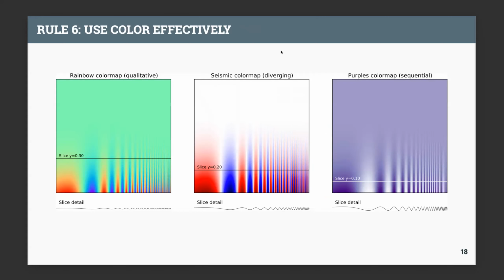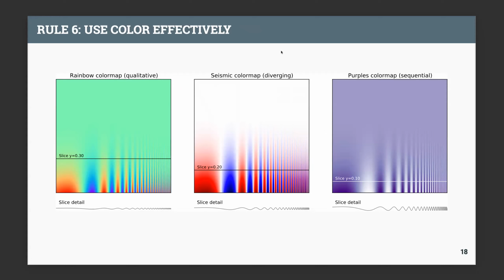Rule 6, and maybe the most important, is to use color effectively. There were a lot of problems with MATLAB, Matplotlib, and GNUplot, because the default color map was a very bad one. For MATLAB, it was a rainbow color map.